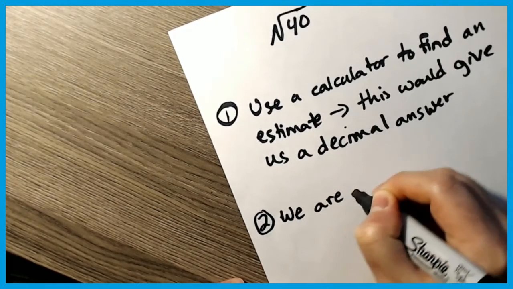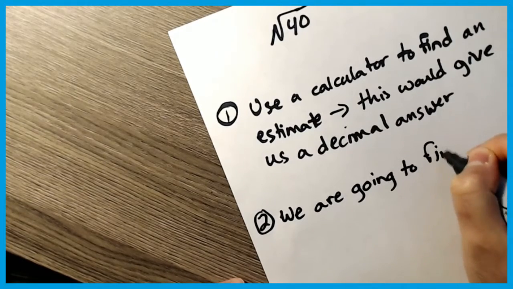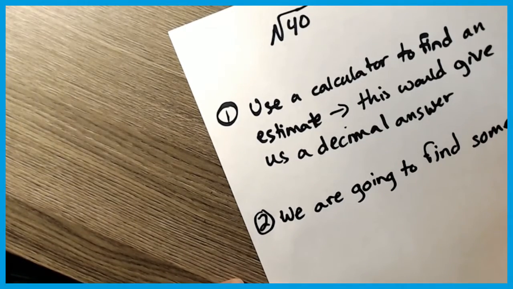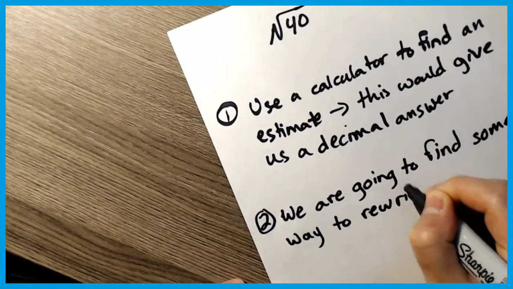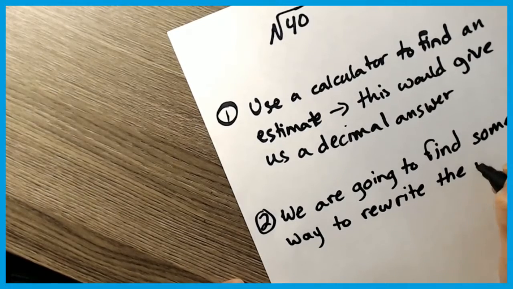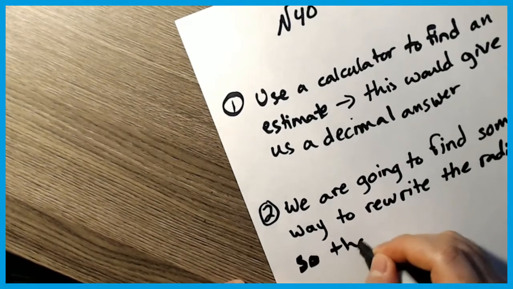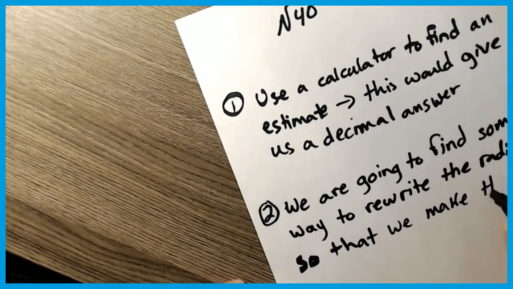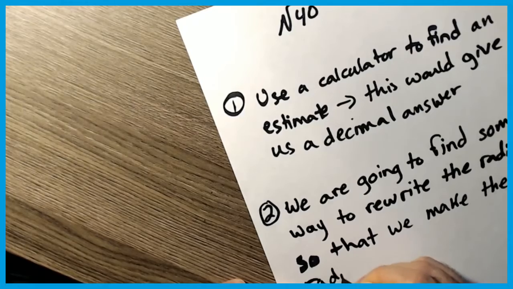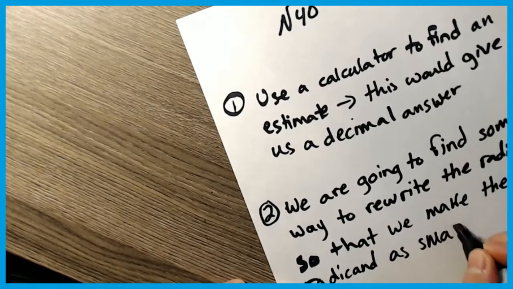We're going to do this instead, which is this idea of simplifying, which essentially just means we are going to find some way to rewrite the radical so that we make the radicand as small as possible.